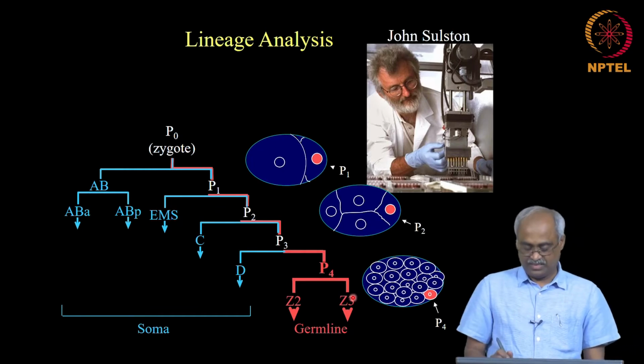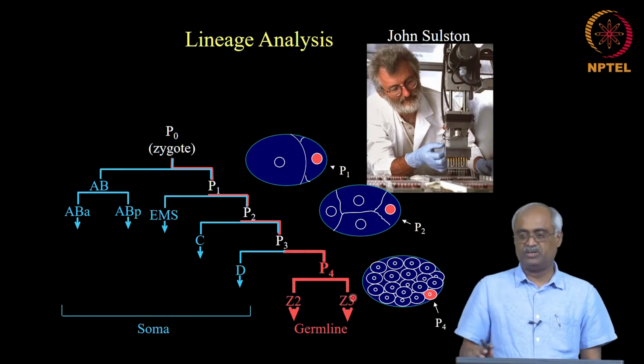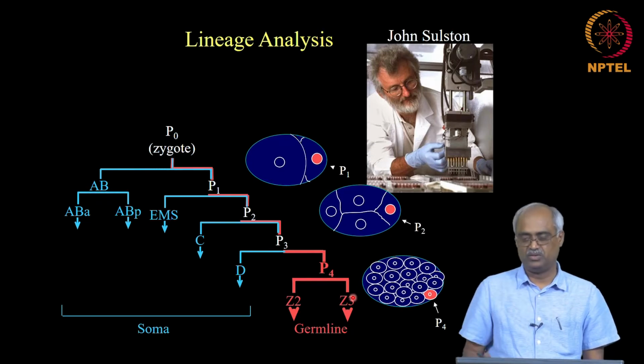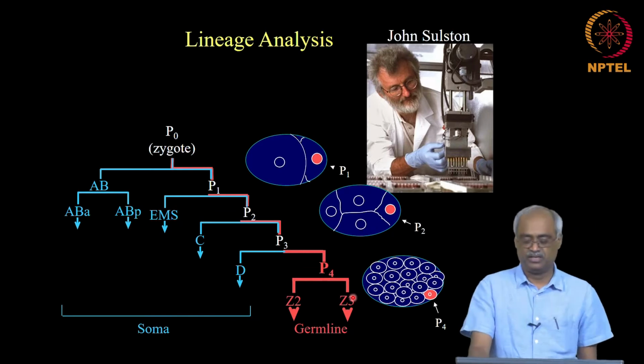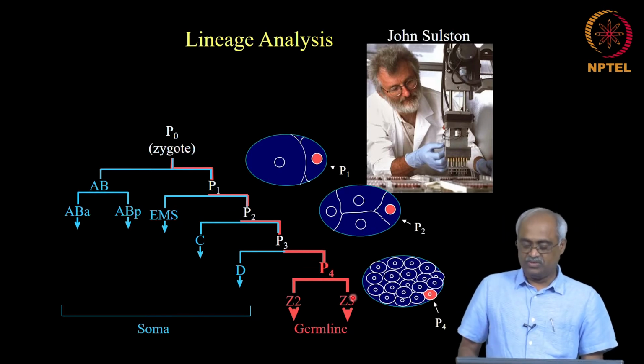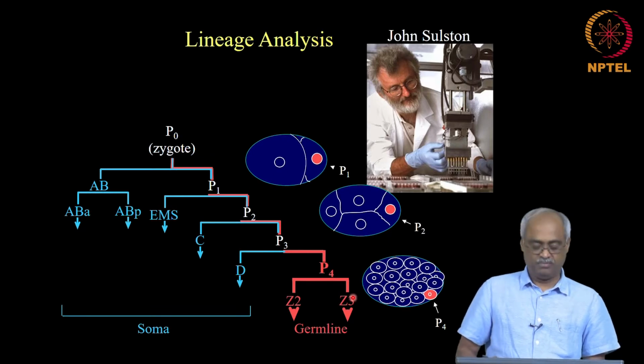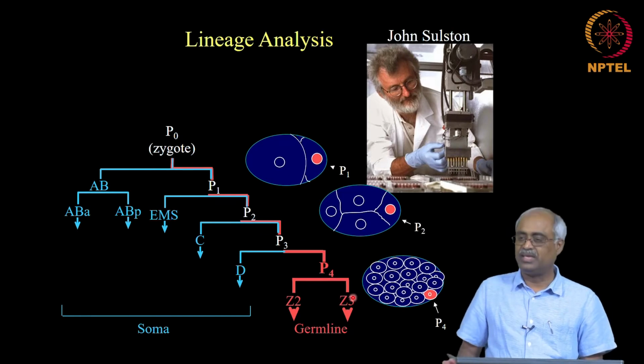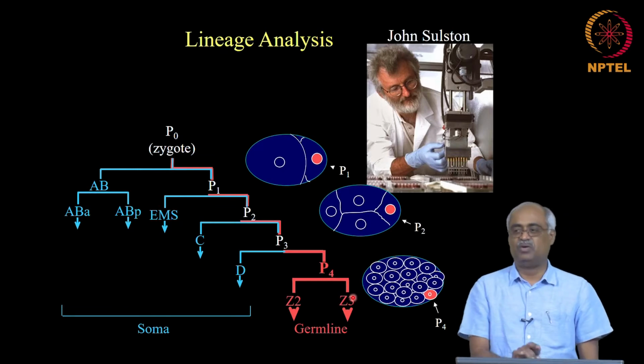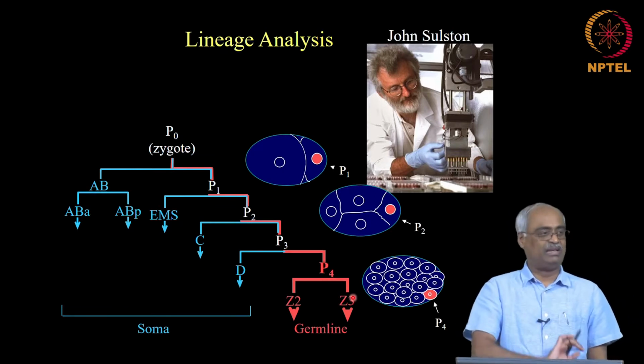This invariant pattern allowed John Sulston, who passed away I think last year or the year before, to do this up to the adult stage. He shared a Nobel Prize with Sidney Brenner and Bob Horvitz. The early embryonic lineage he completed, and when he did that he accidentally discovered evidence for apoptosis. That is, some cells born in a certain lineage always died.